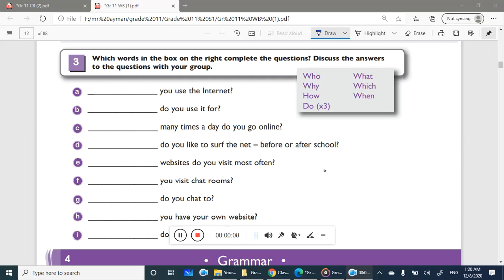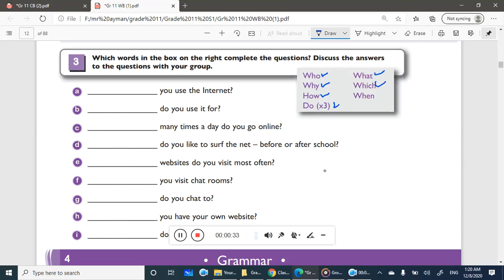We have got the question word who. It asks about people. Why? We ask with why when we would like to get reasons. How? It asks about means. Do? This is a yes or no question with an auxiliary. What? It asks about things.